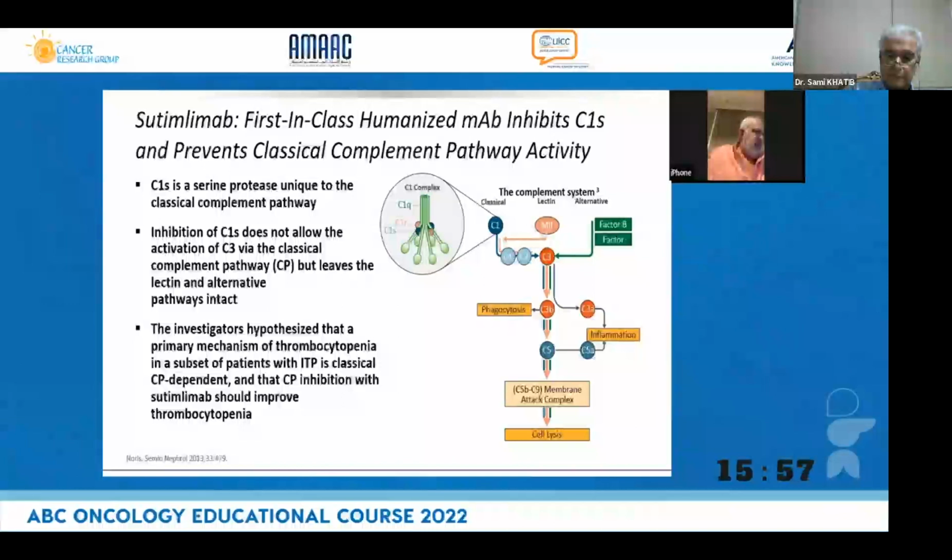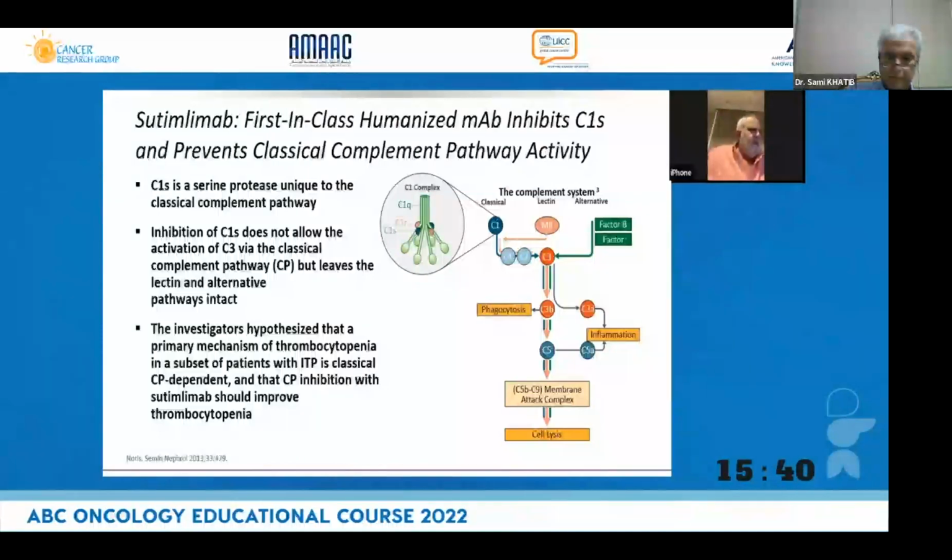The investigators hypothesized that a primary mechanism of thrombocytopenia in a subset of patients with ITP is classical CP dependent, and that CP inhibition with this drug should improve thrombocytopenia.